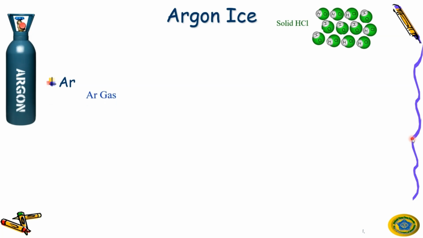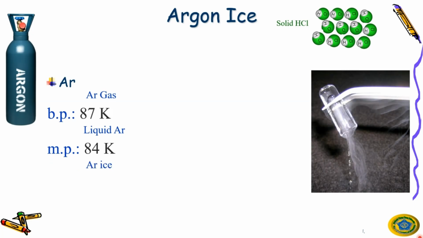Let's think of this step by step. Argon gas, right? If you drop the temperature down to 87 Kelvin, then argon gas will become liquid argon. And if you drop the temperature down to 84 Kelvin, it will become argon ice.